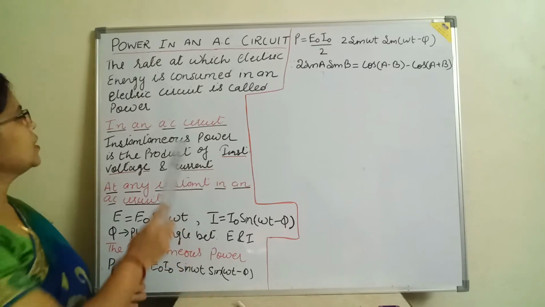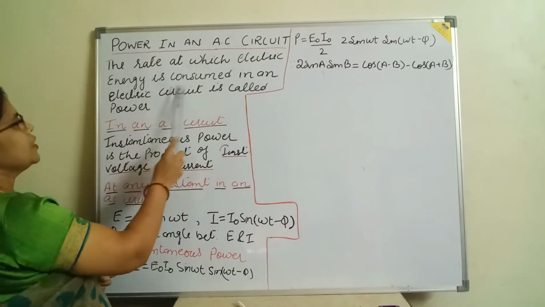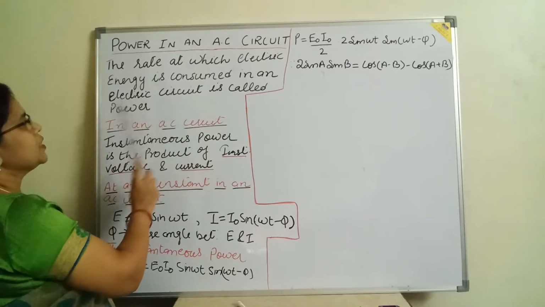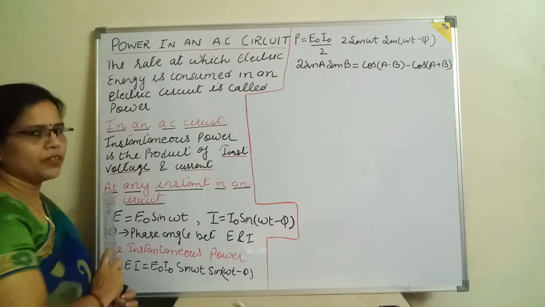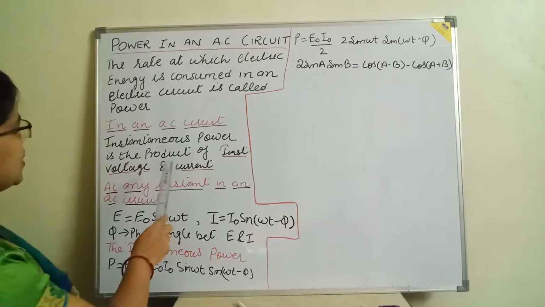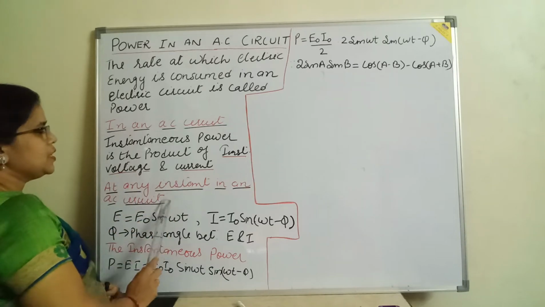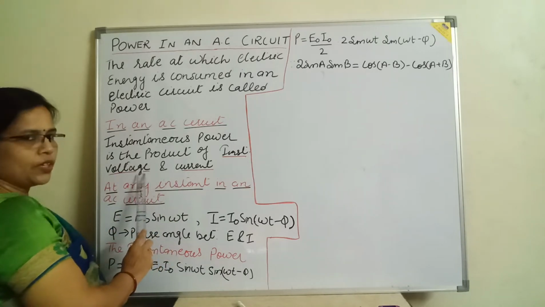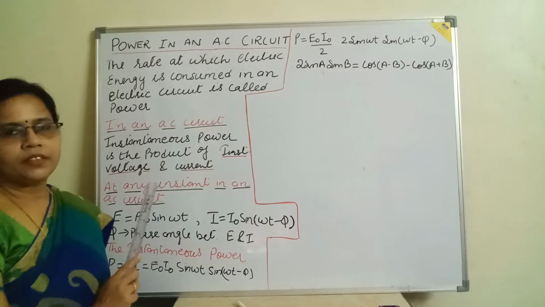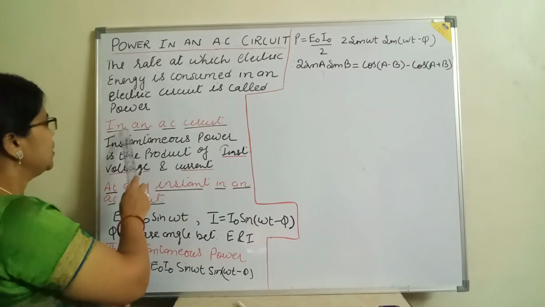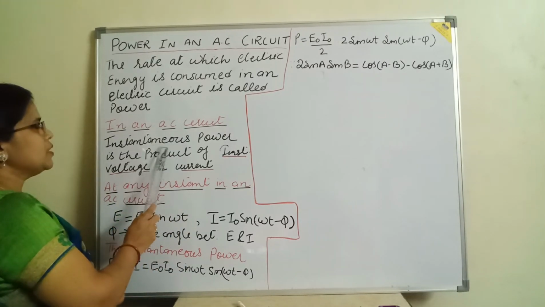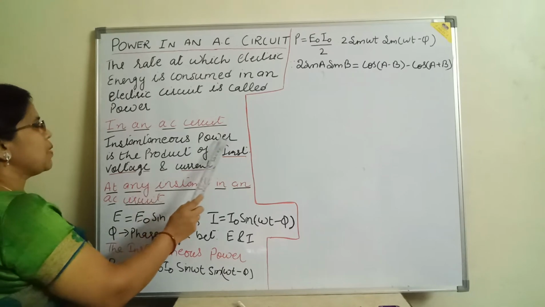In the AC circuit, the rate at which the electric energy is consumed in an electric circuit is called the power. But in the case of the AC circuit, we have instantaneous values of the voltage and current. So, in an AC circuit, we generally calculate instantaneous power.